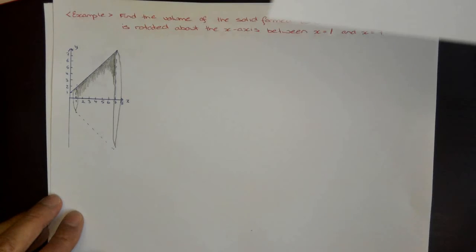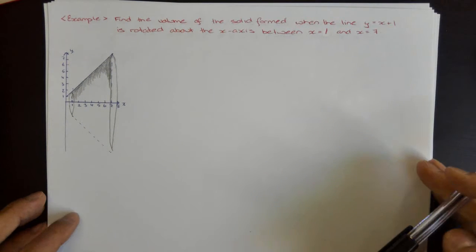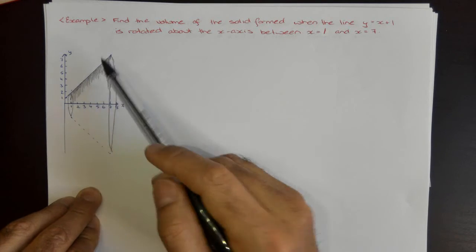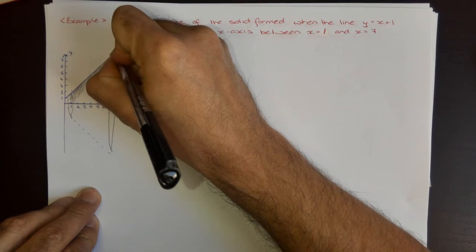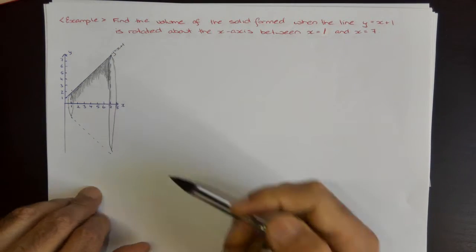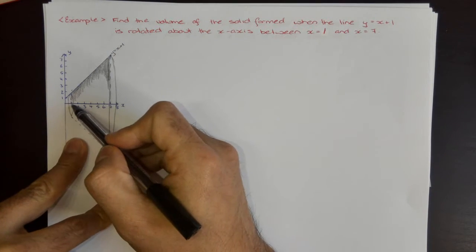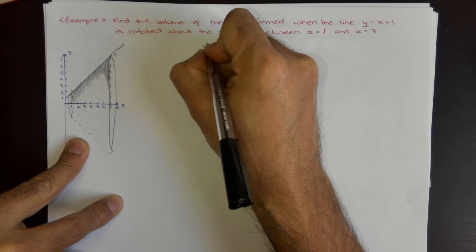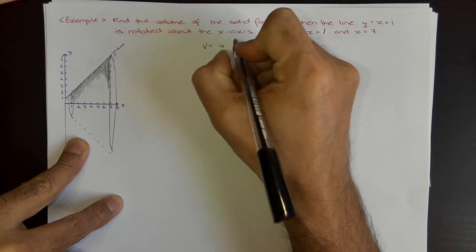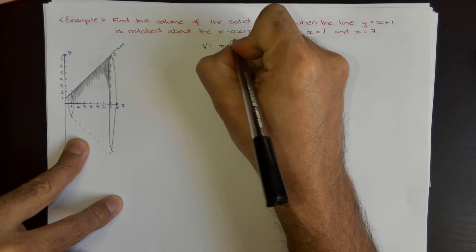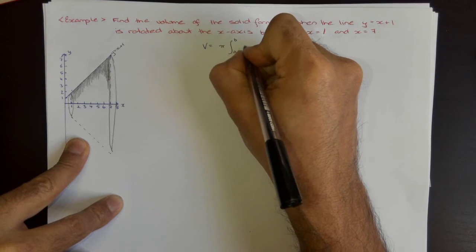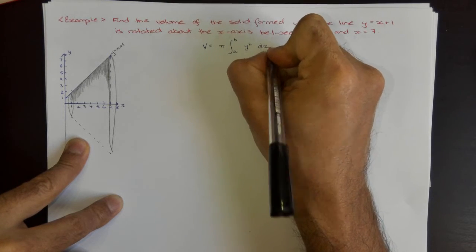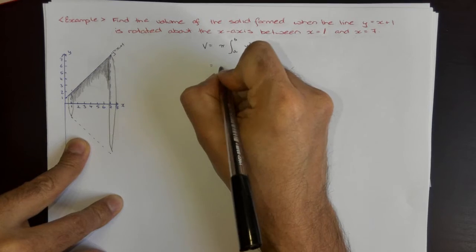Let's do some examples. Let's find the volume of the solid formed when the line y equals x plus 1 is rotated about the x-axis between 1 and 7. Okay, so the formula is pi of the integral from a to b of y squared dx. Let's plug in what we know.